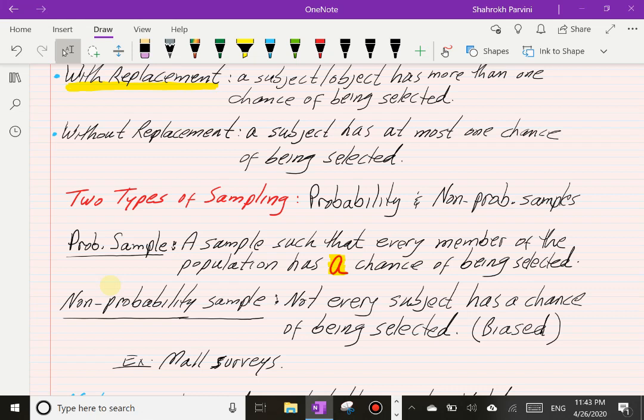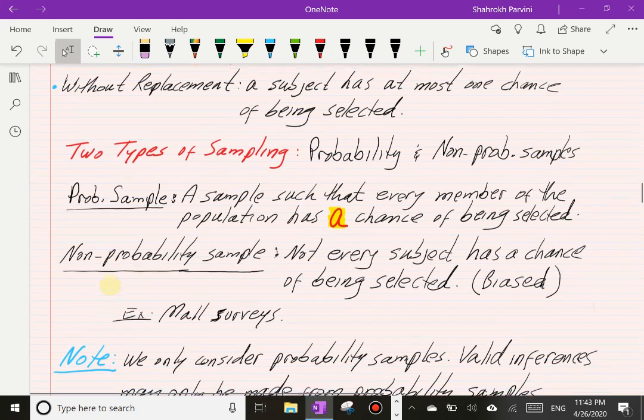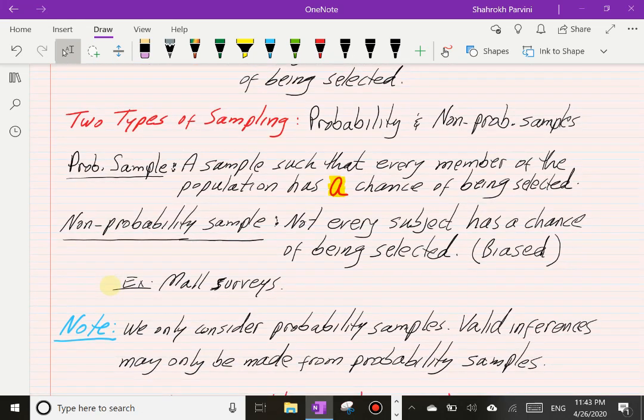But you cannot generalize it to the general population. So, I have written that down. We only consider probability samples in this course, and you can only draw generalizations based on a probability sample.